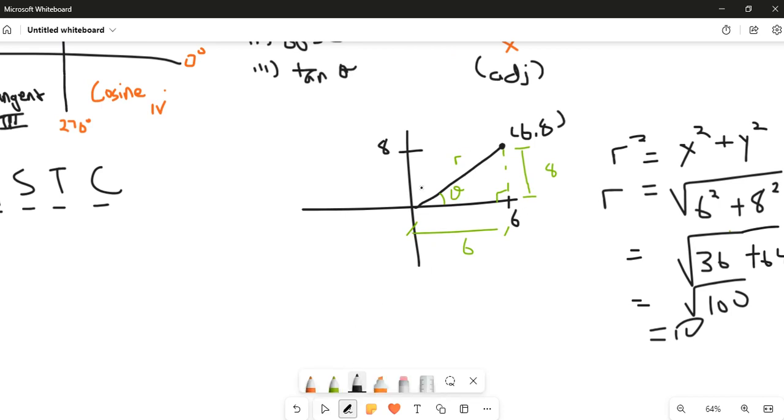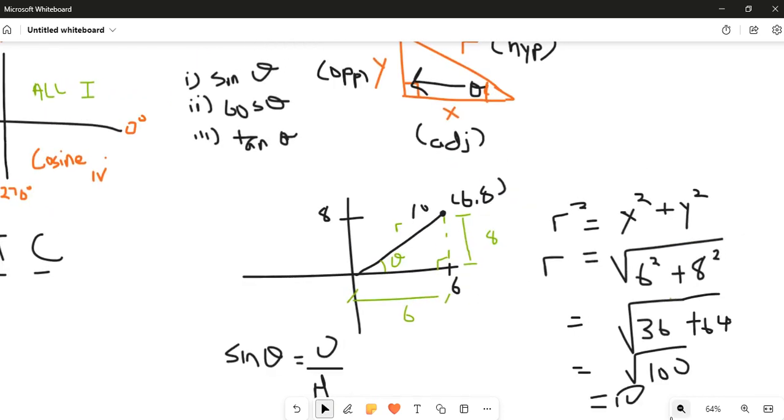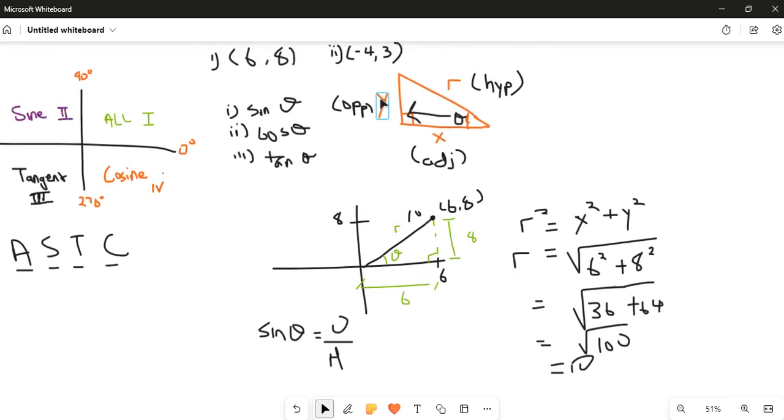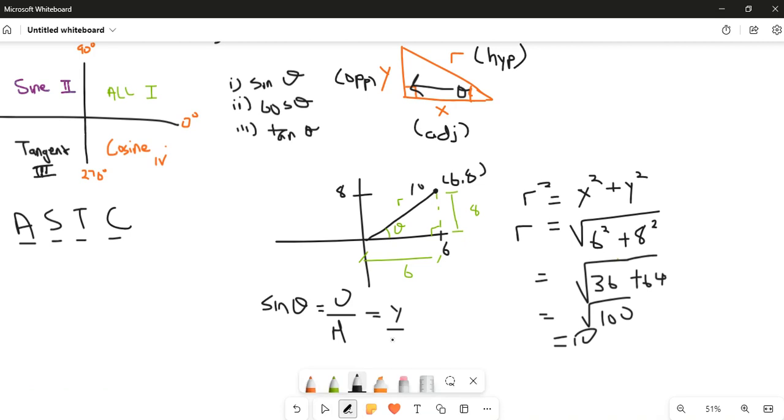So now we can begin. For sine theta, remember, sine is opposite over hypotenuse. We refer to our triangle here. Our opposite is y and the hypotenuse is r. So we say sine theta is equal to y over r. y is 8, r is 10.